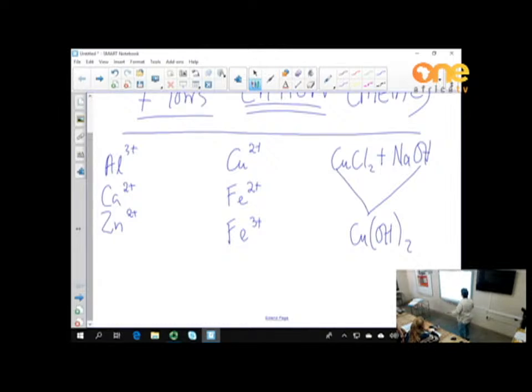Now the same thing happens with all of the metal ions. So the first reagent that I use to test for my metal ions would be to add a few drops of sodium hydroxide. There's a reason why it's a few drops.